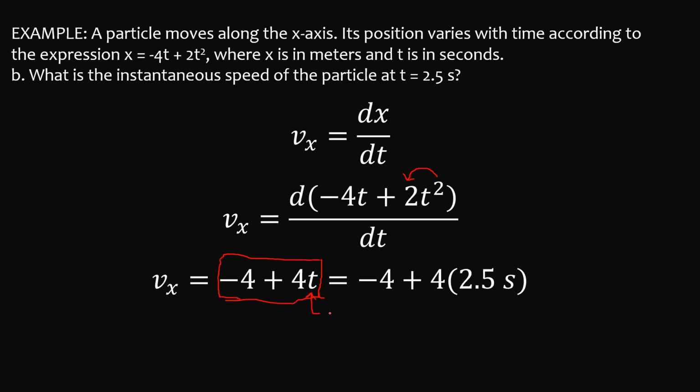So we need the slope at t equals 2.5 seconds because that's what is asked in the problem. Negative 4 plus 4 times 2.5 will give us 6 meters per second. So at t equals 2.5 seconds, our particle has an instantaneous velocity or instantaneous speed of 6 meters per second.